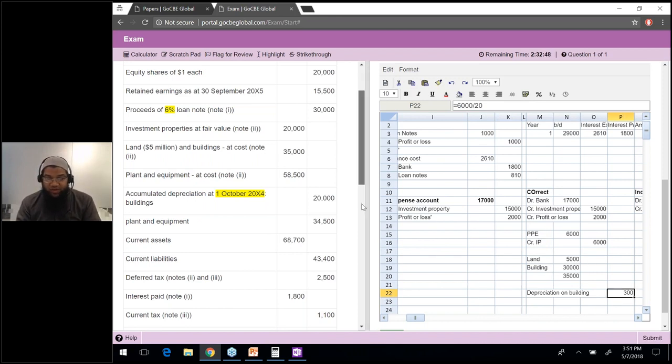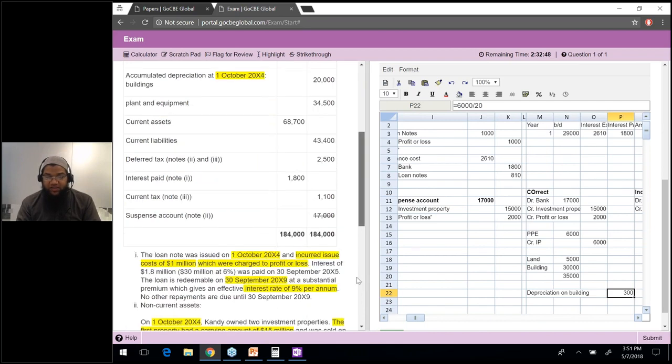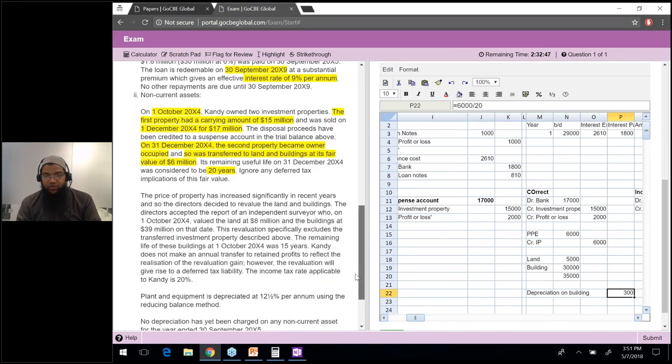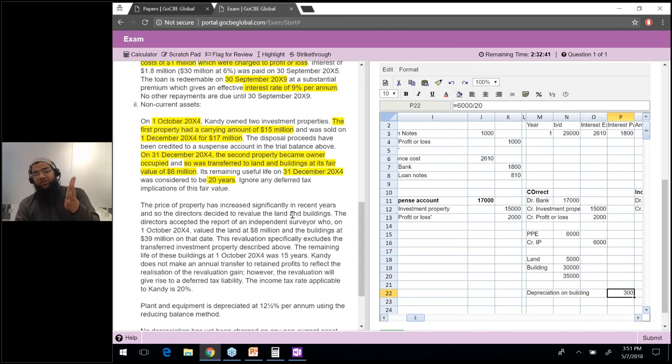But this property was transferred on 31st December 20x4, so we are going to charge the depreciation from December 20x4: January, February, March, April, May, June, July, August, September. How many months? 9 months. So 6,000 divided by 20 into 9 divided by 12, the depreciation is going to be 225 for this. Apart from this, there will be some depreciation further on the remaining $30,000 that we will be charging separately.